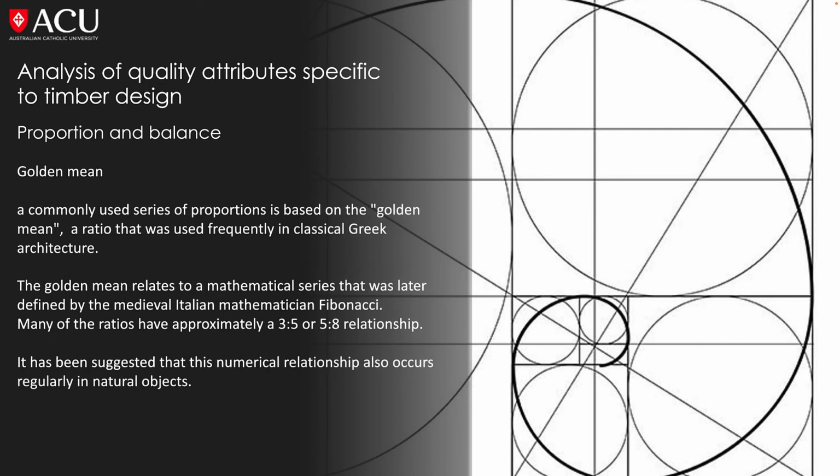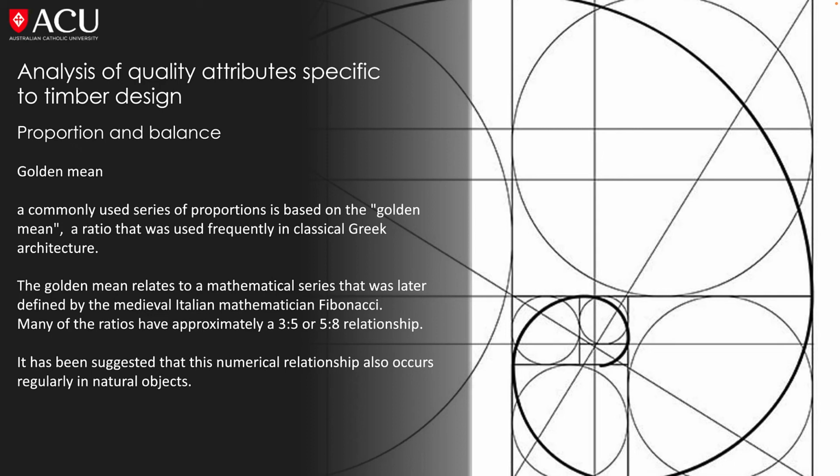And a side issue here is the golden mean, which does come up in design from time to time. A commonly used series of proportions is based on the golden mean or golden ratio, a ratio that was used frequently in classical Greek architecture. The golden mean relates to a mathematical series that was later defined by the medieval Italian mathematician Fibonacci.